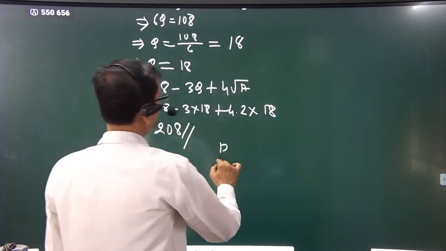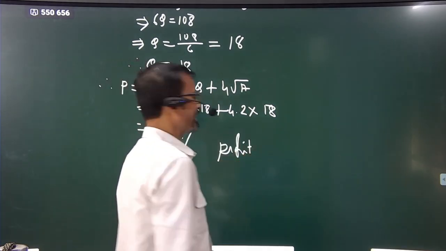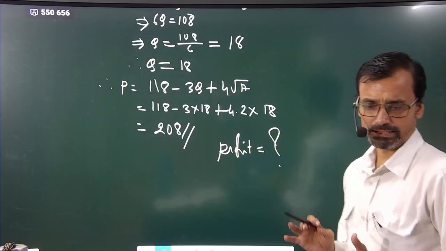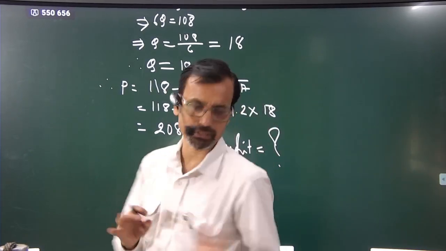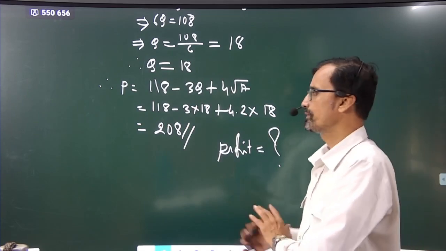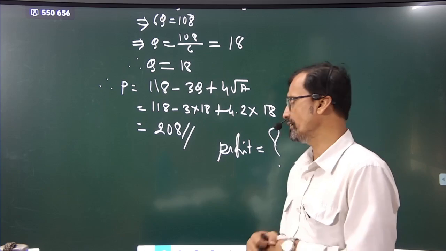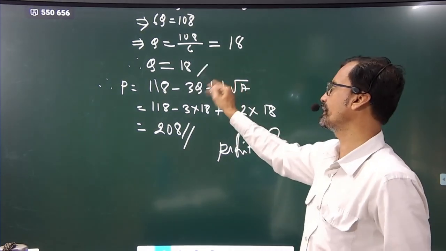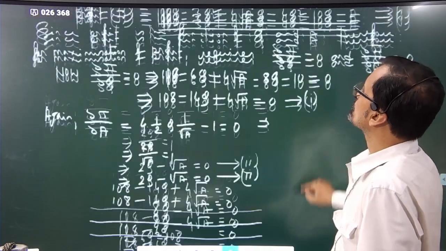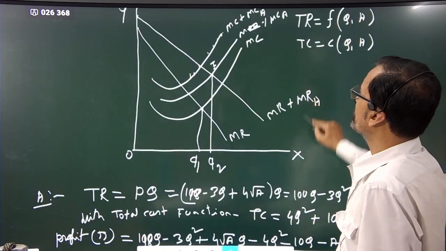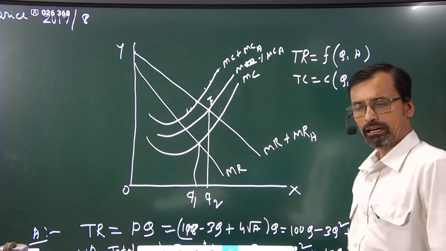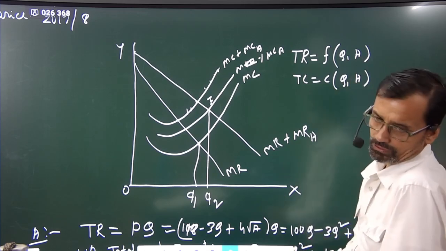Now, if the question asks for the profit, then we can find the profit also. But we need to answer exactly what the question is demanding. The question is demanding only the profit maximizing price. So in order to find the profit maximizing price, we have to find the quantity output produced, obviously. And here we should understand one thing: when there is an advertisement cost, the total revenue function is a function of quantity output produced and advertisement cost.